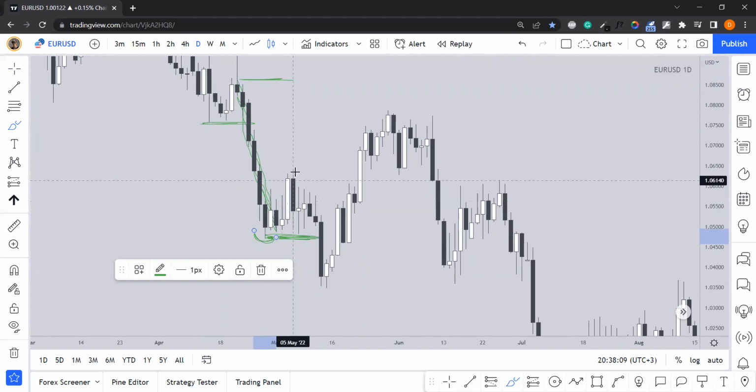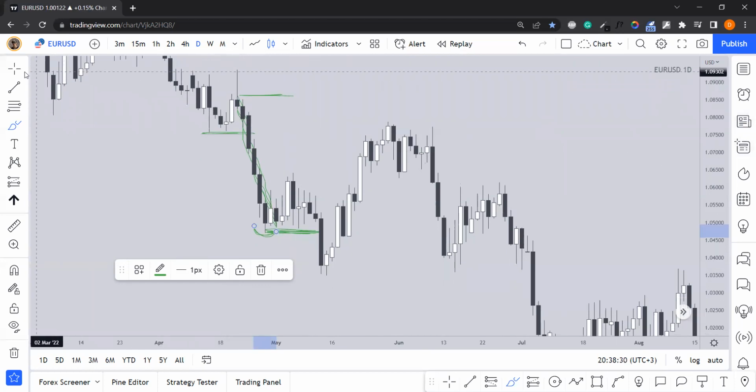So we have a pullback here, you see, with this candle, and now we have a pullback here. So the first occasion where a candle closed above the previous one was this one, you see. So this candle closed above the previous one, so this was a pullback from a previous range, and now we say that this is our high.